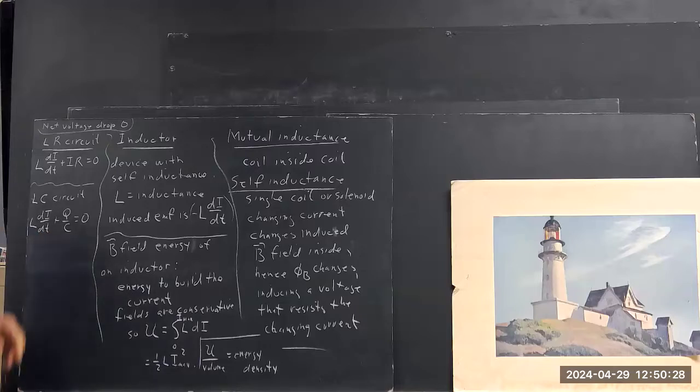Now you've got two variables in here. On the capacitor, the charge is varying and the current is varying. But of course, the current is the rate of change of the charge.